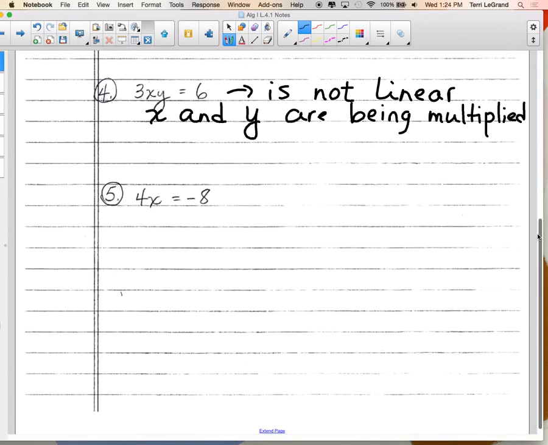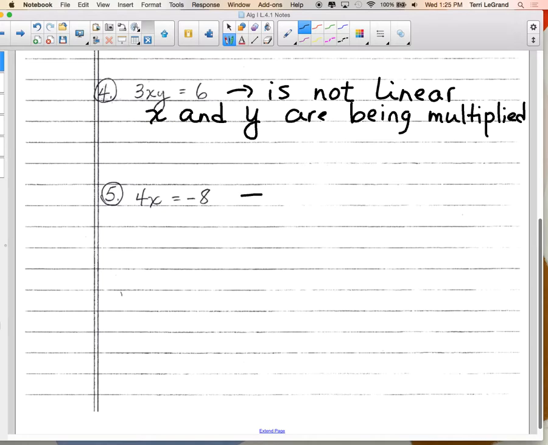Okay, how about number 5? Is that linear? Any rules it breaks? No? So, is there anything in the rules that says anything about if there's no y's? No. But it's linear, isn't it?